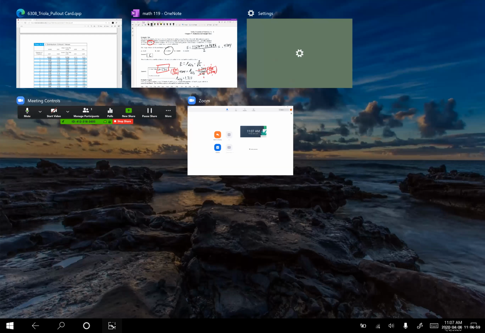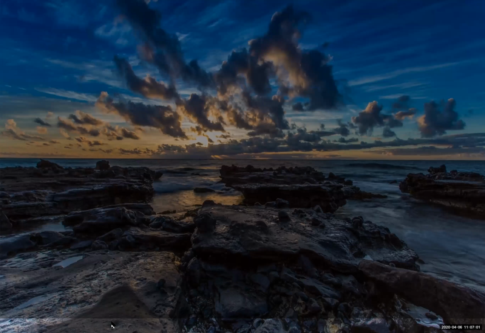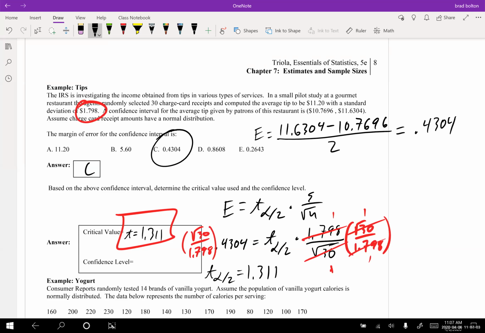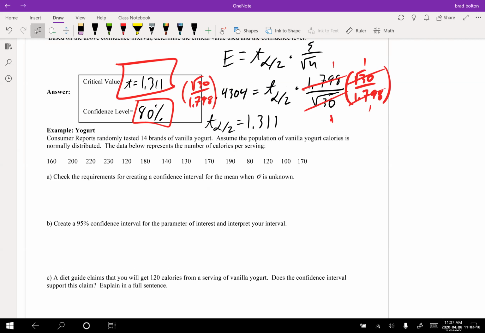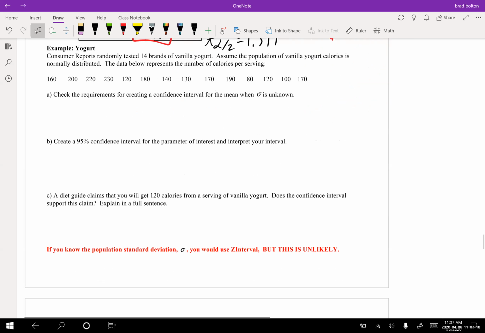So we're going to come back over here and we're going to type in 80% confident. And that would be our other answer. Okay. So this is just a way you can use those formulas from previously. If you're given a confidence interval, you can use it to back solve for other things. Okay. Now let's look at this one.